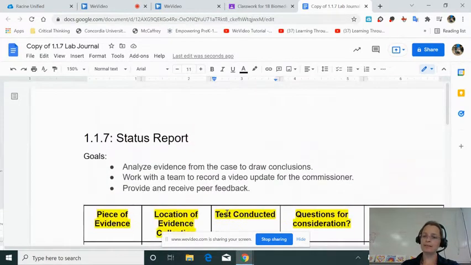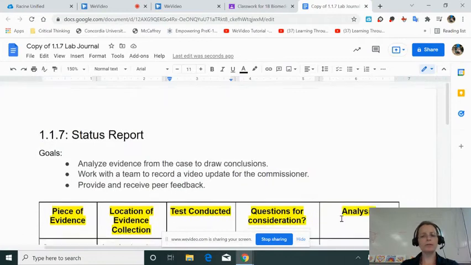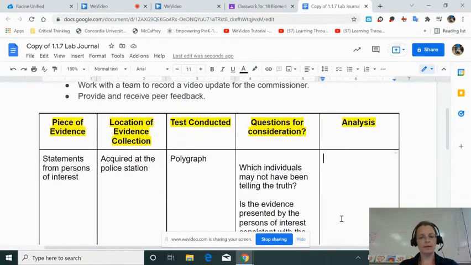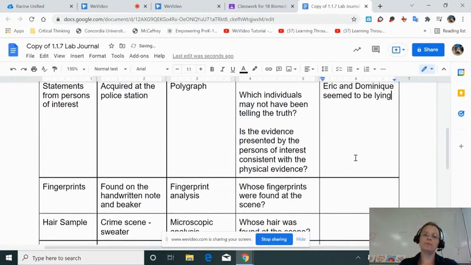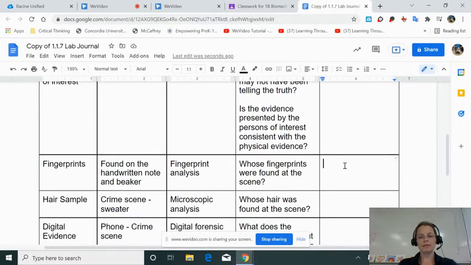So let's go back up to the top to the analysis, which is really just the results of the lab. So let's see. The polygraph, I believe most classes said that Eric and Dominique seemed to be lying. Your answers may vary. You might want to check page 4 in your lab journal.